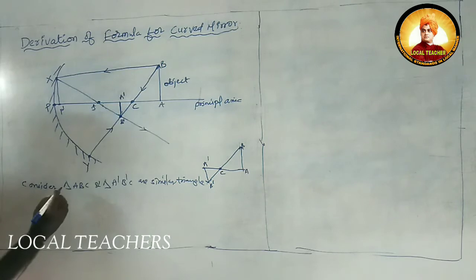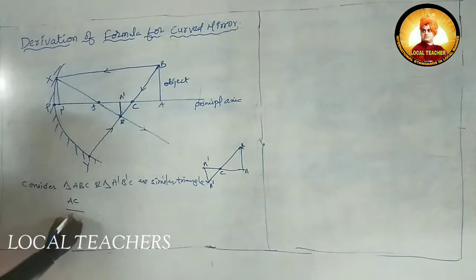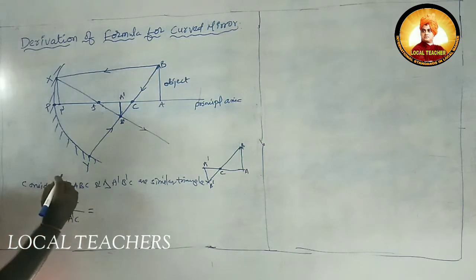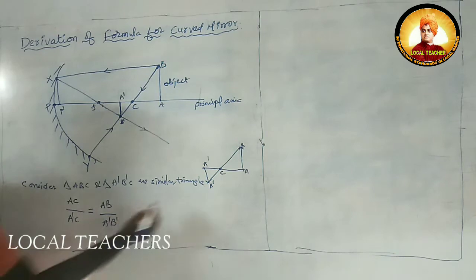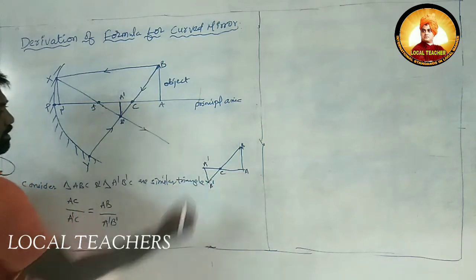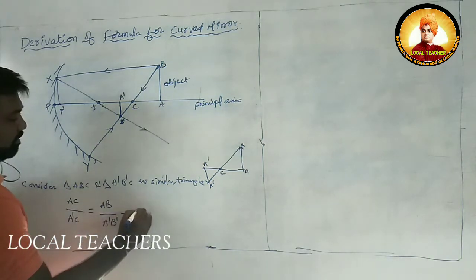So I am writing AC by A dash C equals AB by A dash B dash. Consider this is equation 1.